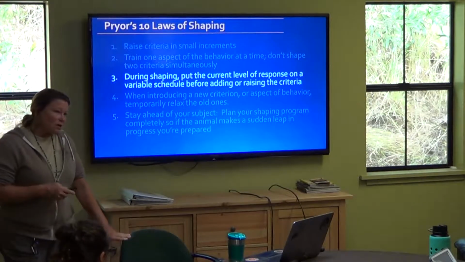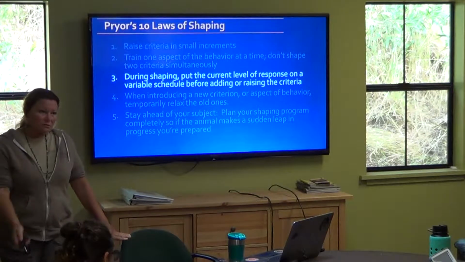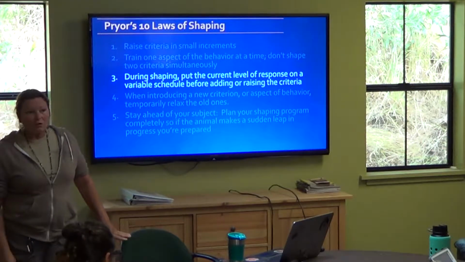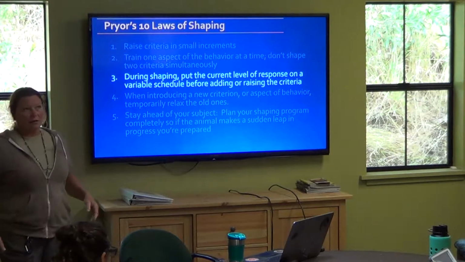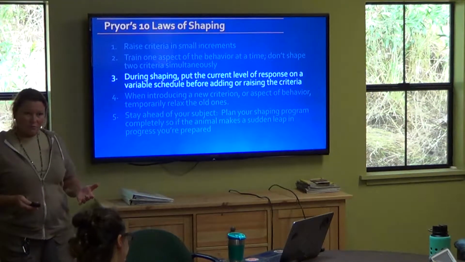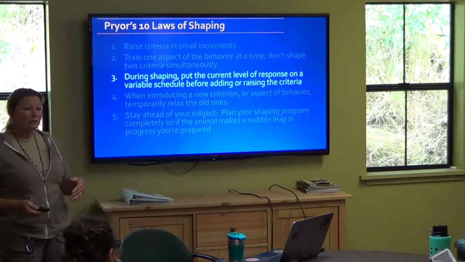I think when we talked about continuous and variable schedules last time or the time before, I may have mentioned that, for the most part, I function within the context of a continuous schedule of reinforcement while varying the magnitude.